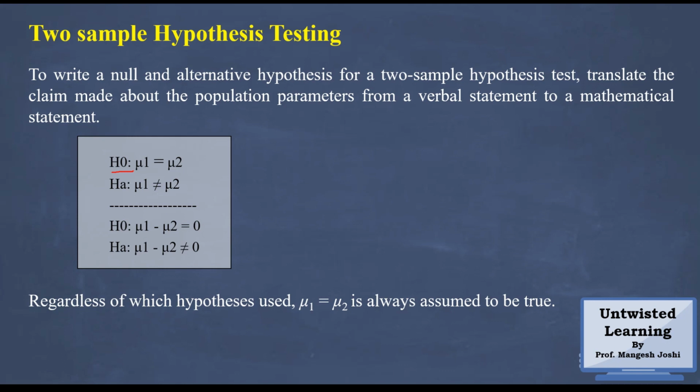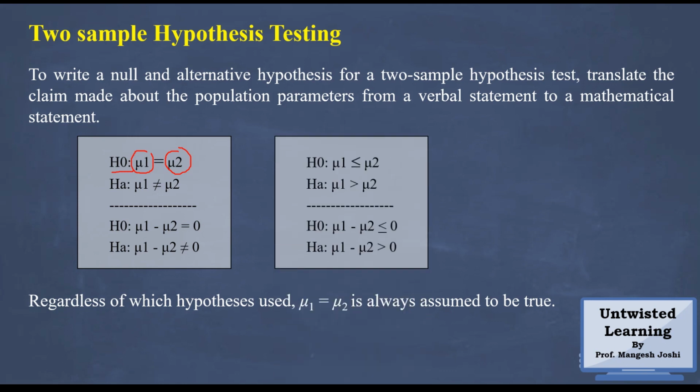That is, the mean of one population is the same as the mean of the other population. That is, there is no significant difference. And for the alternate hypothesis we have mu1 not equal to mu2. So this H0 and HA can be written as mu1 minus mu2 equals 0 and mu1 minus mu2 is not equal to 0.